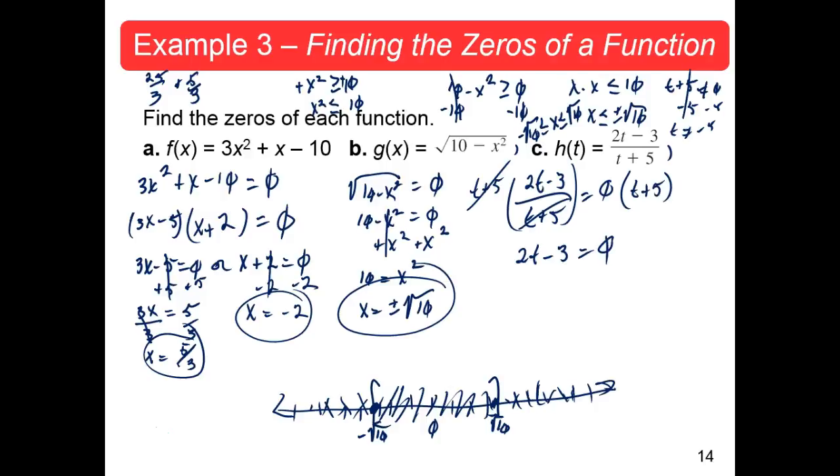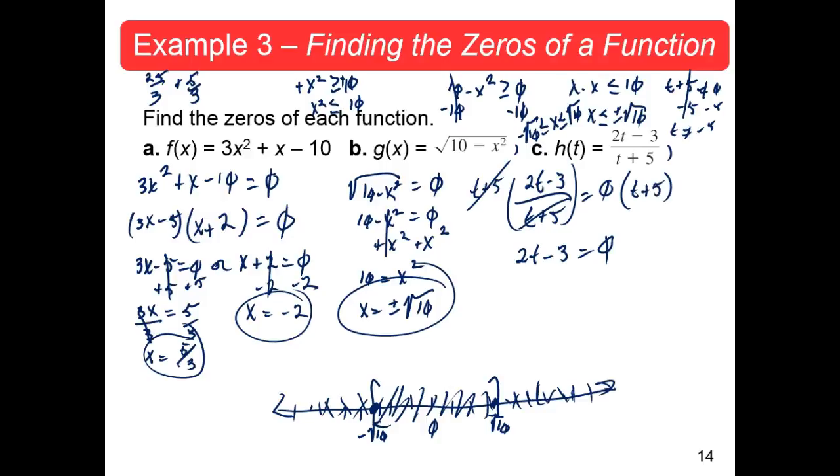Okay, now here was the other option, and this is usually how I think about it. If we have a fractional form, a over b is equal to 0, what does that tell you? The numerator has to be 0.